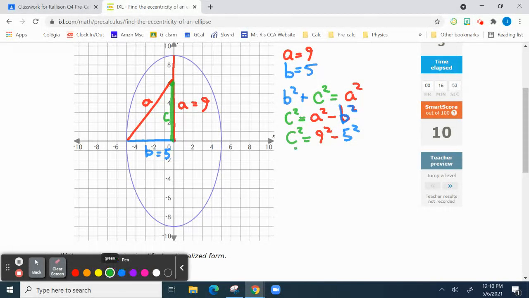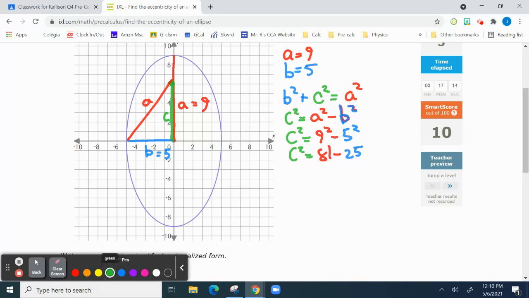So C squared equals 9 times 9 is 81 minus 5 times 5 is 25. 81 minus 25 is 56.